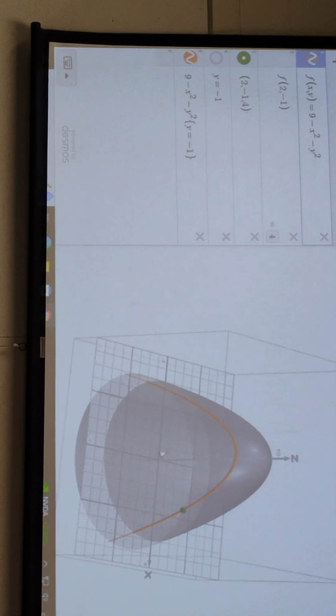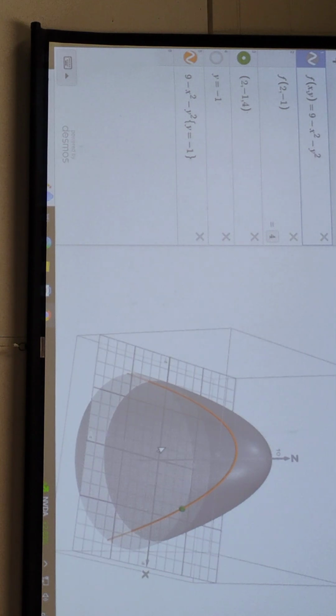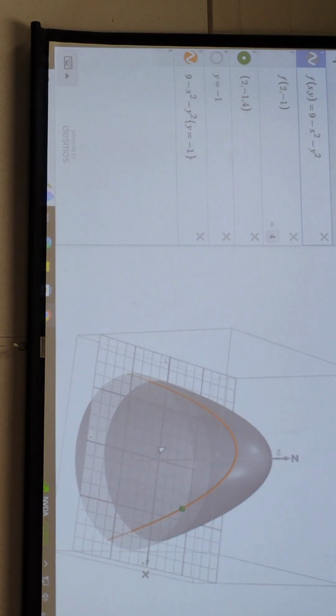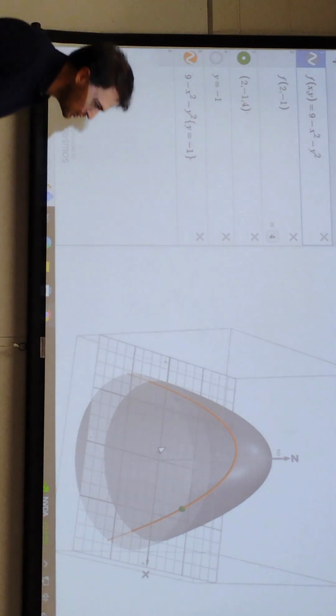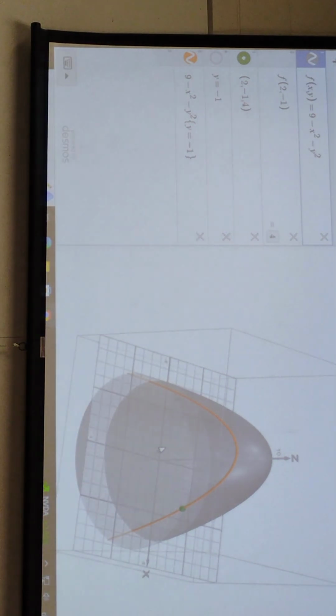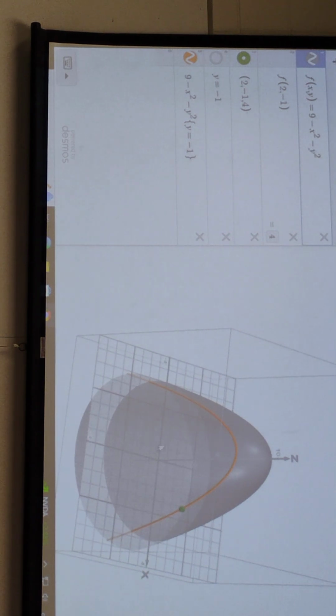But now the question becomes, is the function, which don't forget represents the z coordinates, increasing or decreasing? So in other words, is the z coordinate increasing or decreasing when y is -1 but x varies? So y is -1 is this fixed line, but now x is the thing that's changing here.